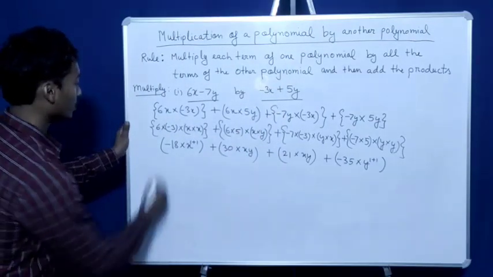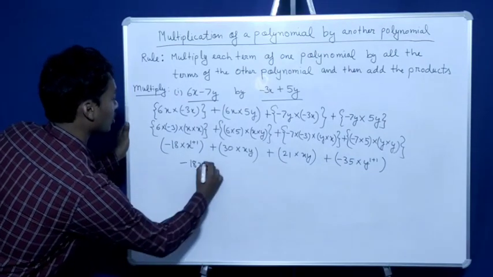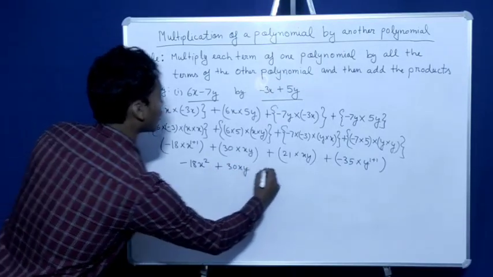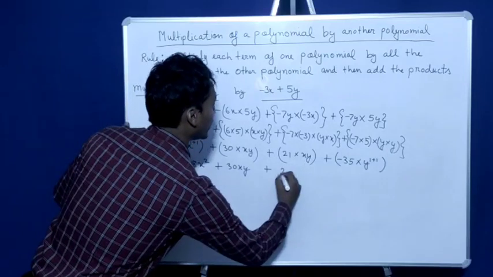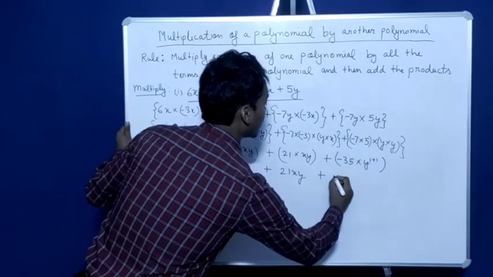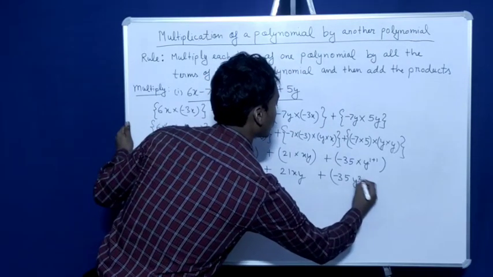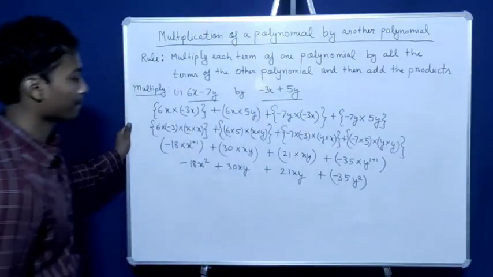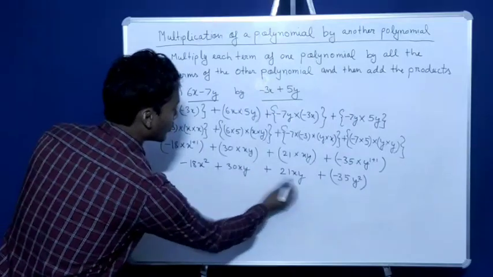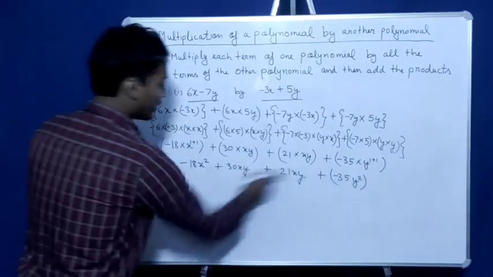Clear? Now -18 x raised to the power 2 plus 30 xy plus 21 xy plus -35 y raised to the power 2. Now we can further simplify. Here you see these two terms are the like terms, xy and xy, they have the same variable component, so we can add them.